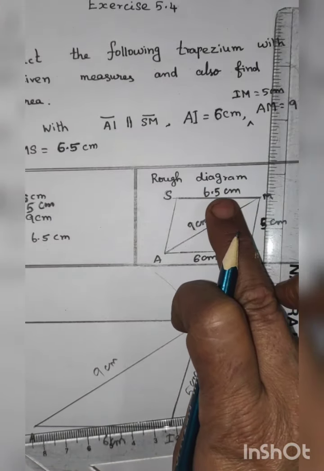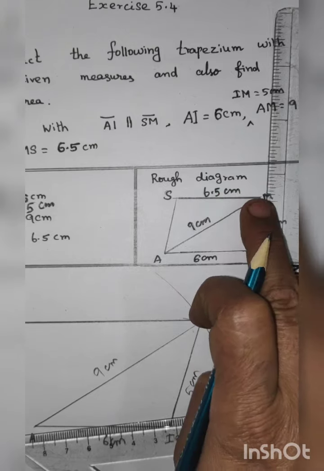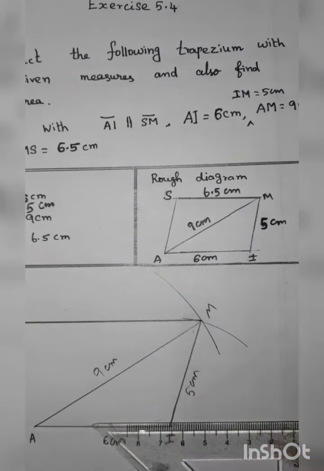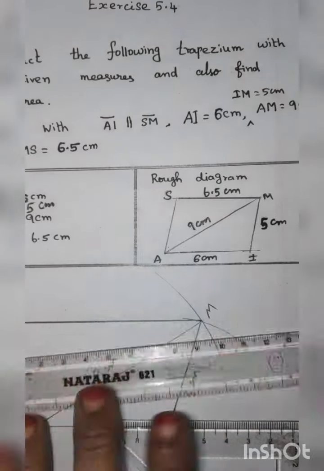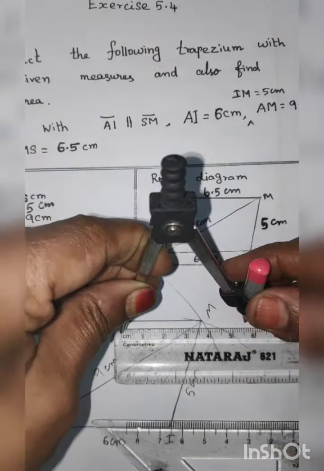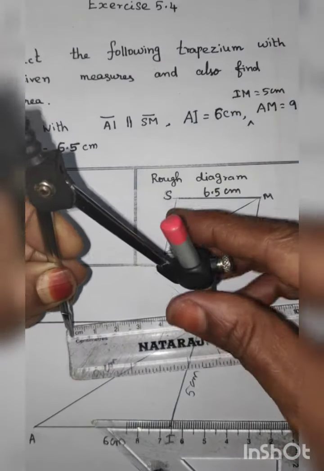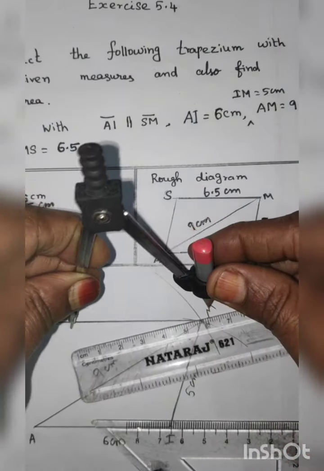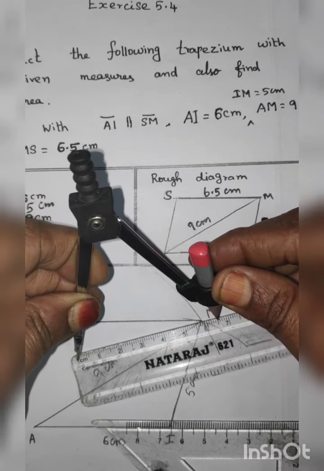Next, in the rough diagram there is 6.5 centimeter. From M, on the line, you cut the arc. How much centimeter do you want to take? 6.5 centimeter, measure correctly: 6.1, 6.2, 6.3, 6.4, 6.5.